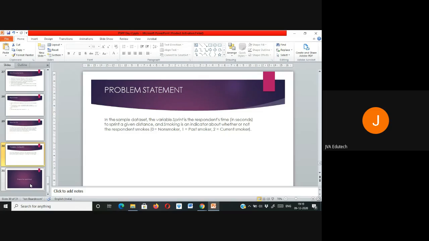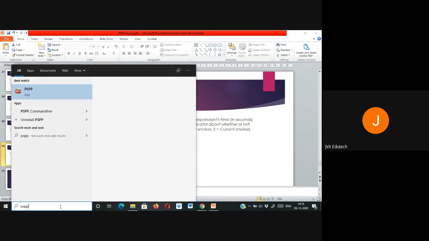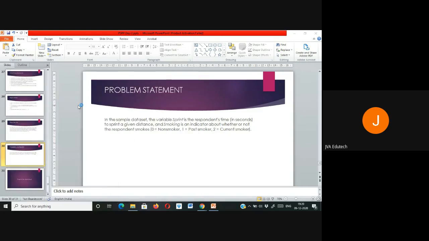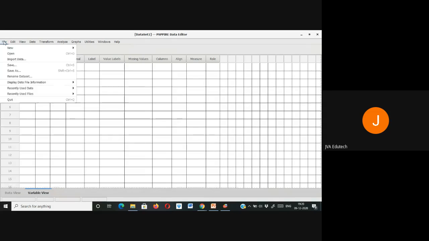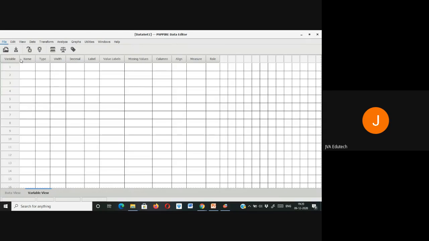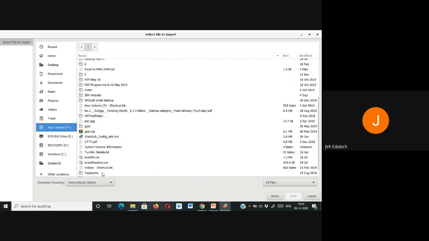Now, this is the problem statement. Let's open the dataset first. Same dataset that I sent you yesterday. We'll be using the same dataset. First, let's open the dataset. So go to File, Import Data. Wherever you have saved your data, just go to that.